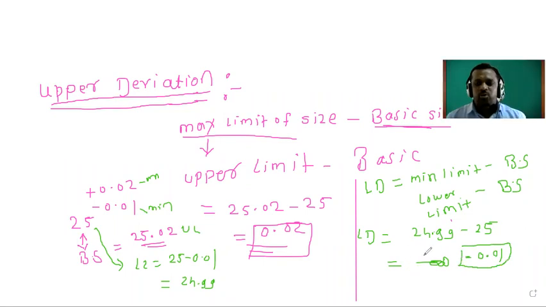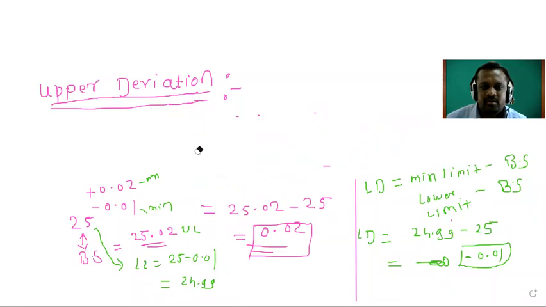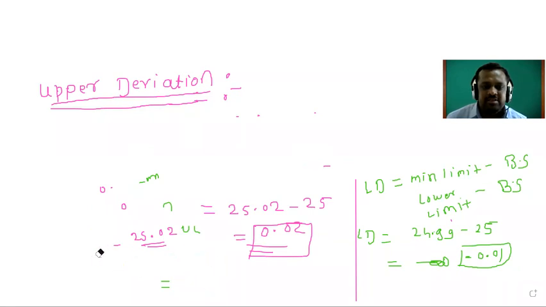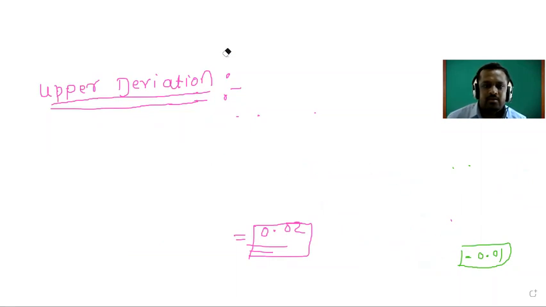Then how to show the upper deviation and lower deviation in graphical representation? First you have to remember the values.